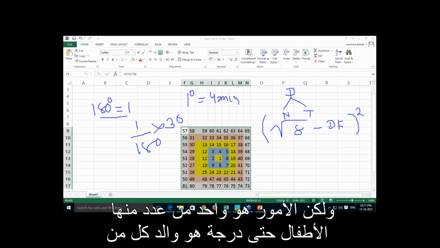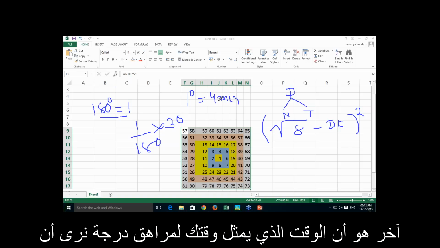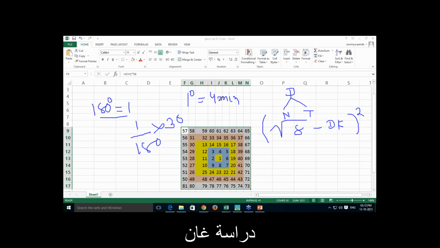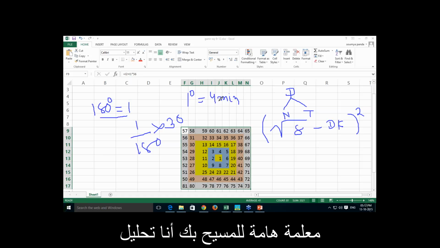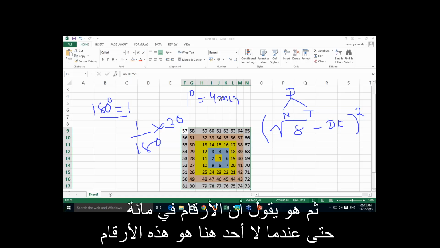One is a number which represents your price, another is a time which represents your time. For that reason only, degree is taken as a component in the Gann study. None of the technical studies except W.D. Gann has considered degree an important parameter for price-time analysis. That's why it is entirely different.